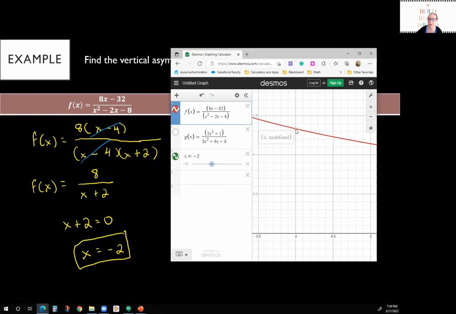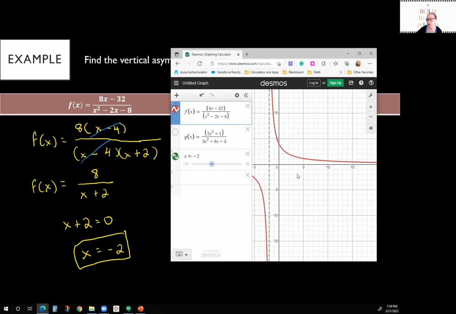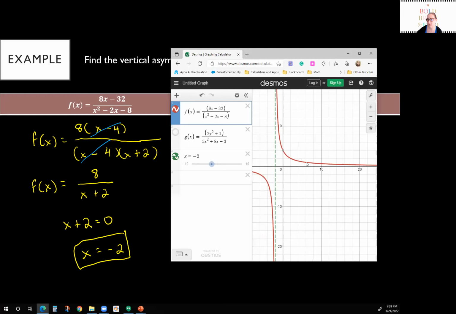They don't put the open circle there. Well, they really should, but they don't. So you have to know to look for it. But that is the difference when it cancels out, because it's different from a vertical asymptote. They're both in the denominator, but they look very different.